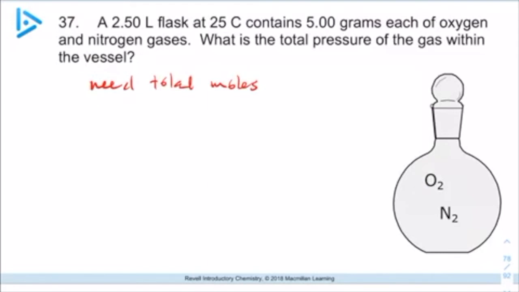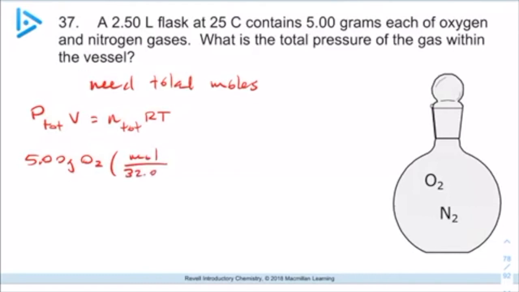So let me rewrite this in such a way that it makes a little bit of sense. I can write my ideal gas law as pressure total times volume is related to moles total times RT. So in order to find pressure total, I need moles total. I've got 5 grams of each oxygen and nitrogen gas, so we know how to convert grams to moles.